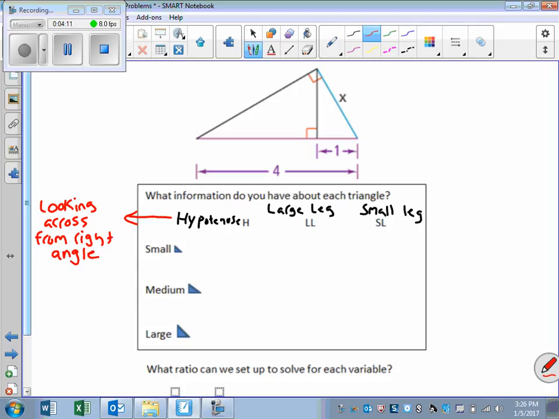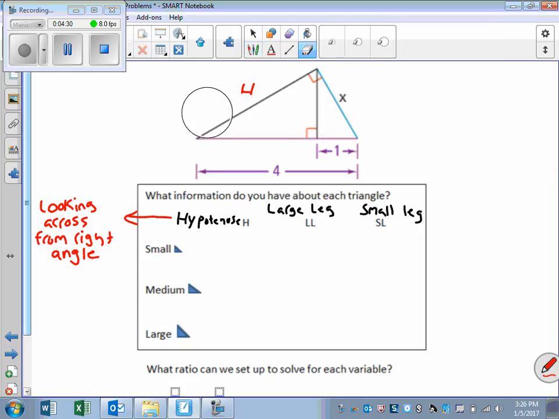So, as a quick example, if you look at the medium triangle here, this is the right angle. Across from it, that would be the hypotenuse for the medium triangle.